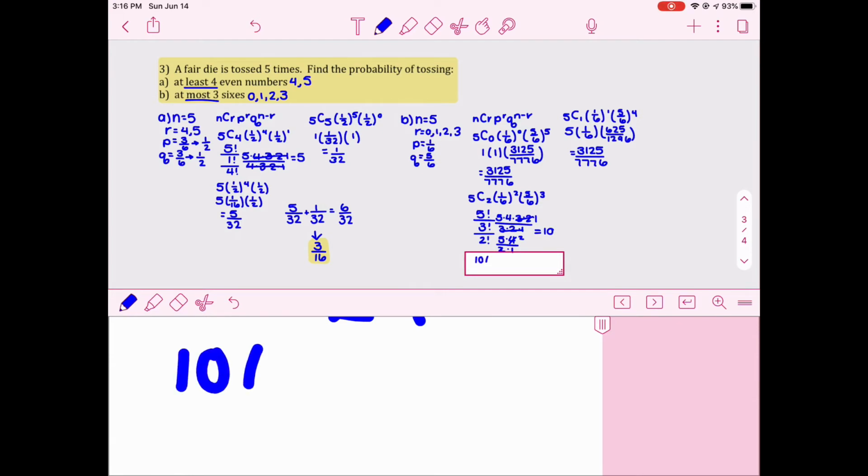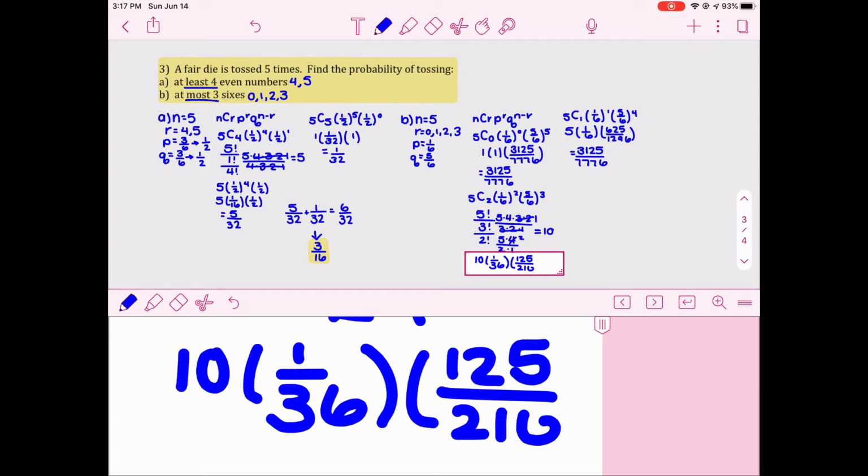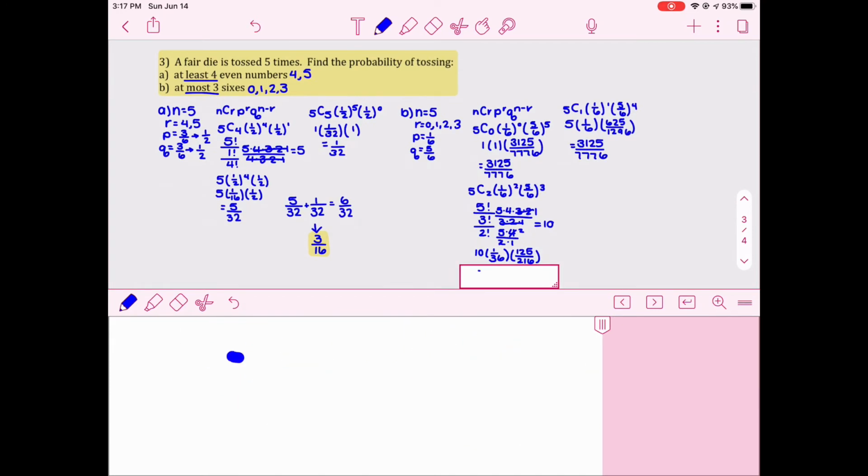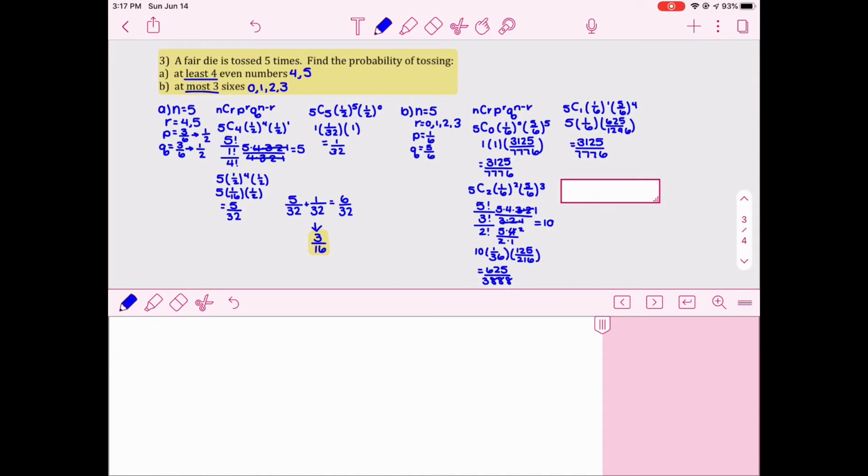So you have 10, 1/6 squared is 1 over 36, and 5/6 cubed is 125 over 216. You multiply all of that together, you get 625 over 3,888. Now we're on to the last one.